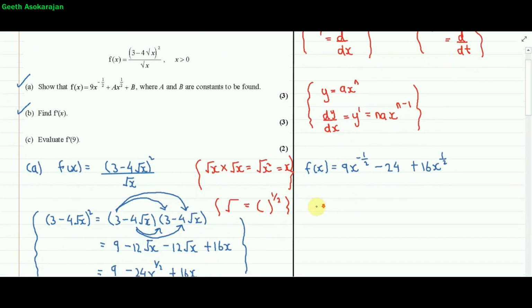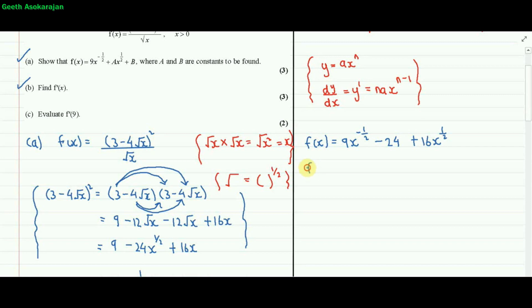So if we continue with our calculation for f prime, bearing in mind the basic rule of differentiation, for the first term, when I multiply by the power, minus half times 9, minus 9 over 2. And if I subtract 1 from the power, minus half minus 1, minus 3 over 2.